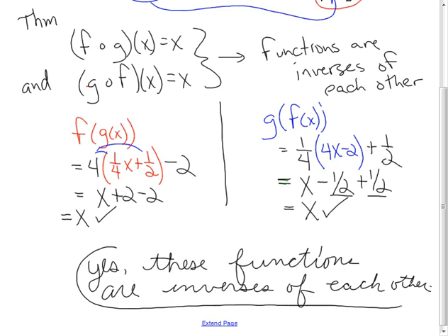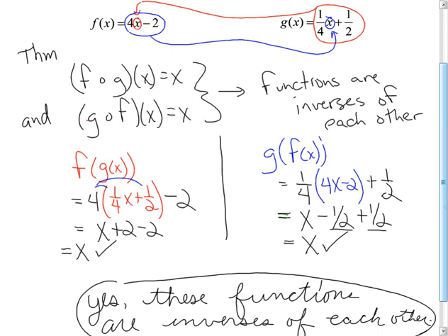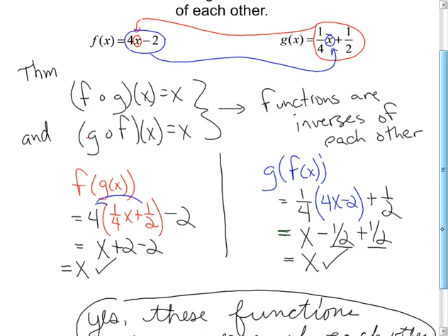Now, if you notice, I did two compositions here because the theorem says it's got to be true sort of forwards and backwards. Well, in this case, I had two functions that were inverses of each other. If they were not inverses of each other, I would know that probably right away, just in the first computation of f at g at x, I maybe would not have gotten x.